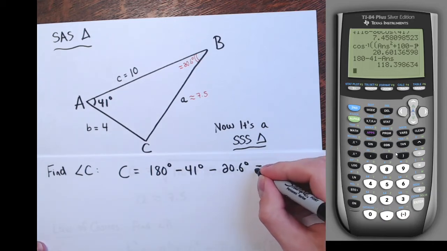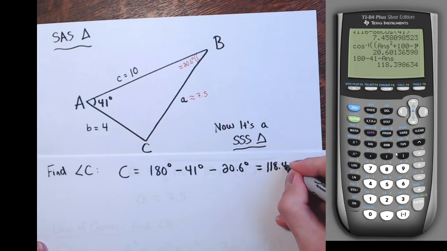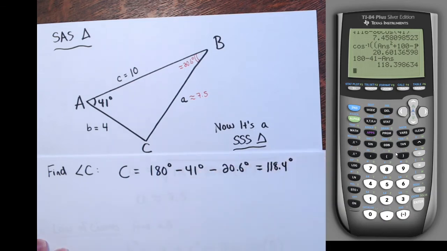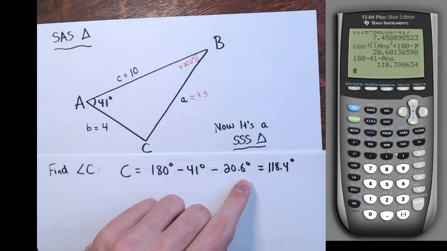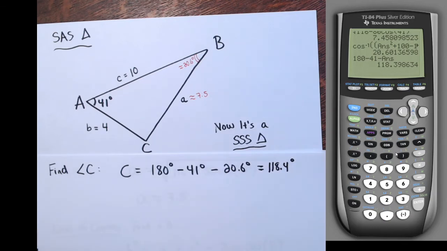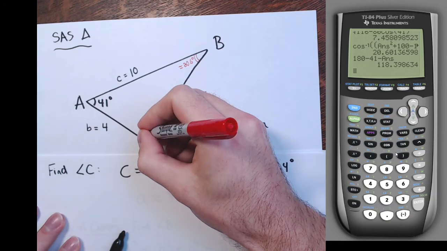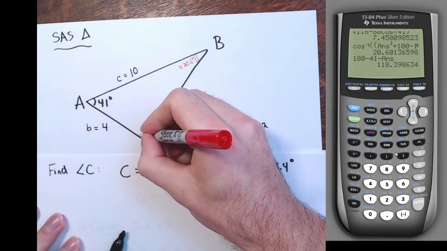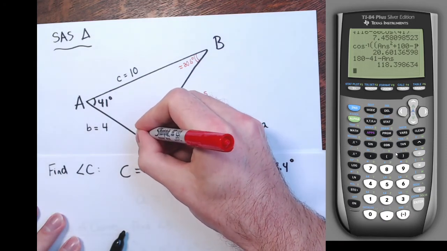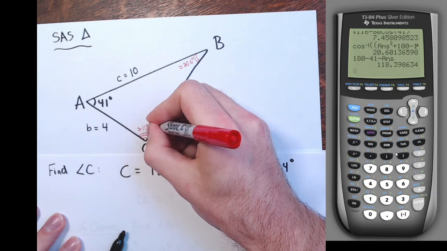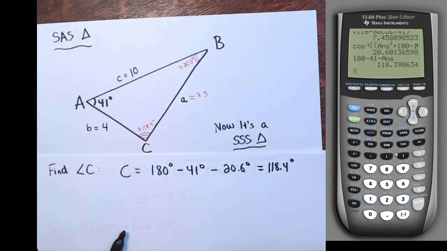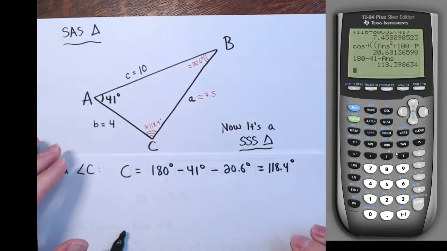Now this is 118.4, but I could have done that without, because this is 61.6, plus 118.4 would be 180. So this angle here is approximately 118.4 degrees, and there you go. You have solved this triangle using the law of cosines.